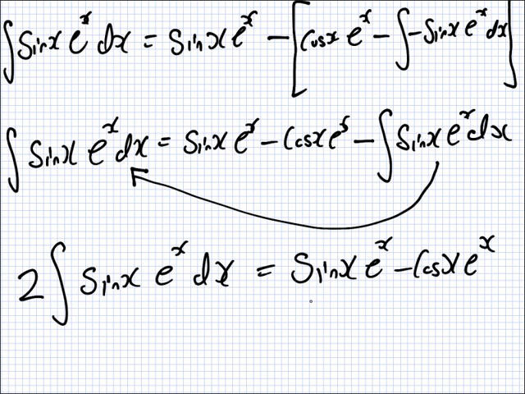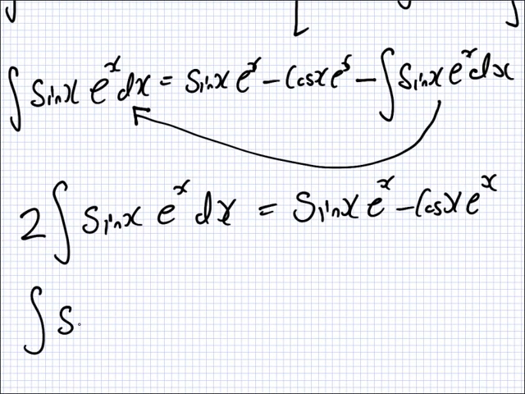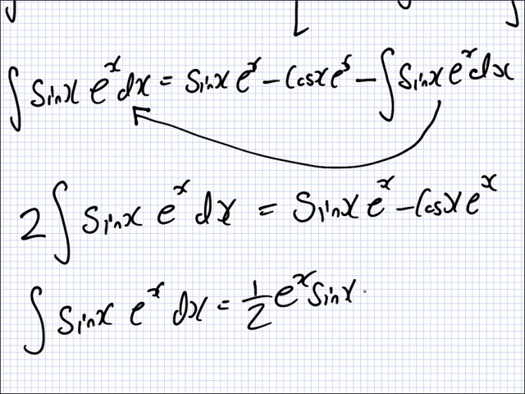So what's the last thing to do here? Integrate sine x e^x dx equals a half e^x sine x minus a half e^x cos x plus C.